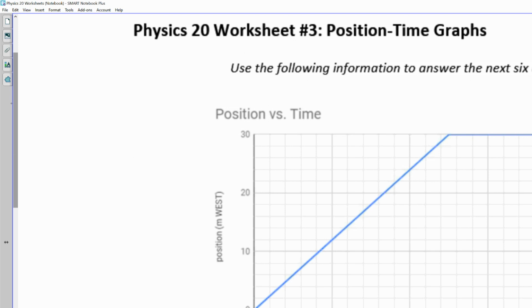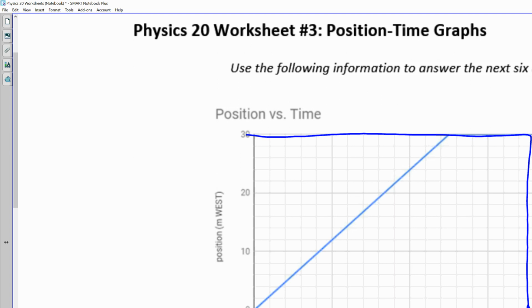Ooh, this is a little tricky though. Our intervals are kind of wacky here, right? 6.4, 6.8, 7.2, 7.6. 7 seconds would be right there. If we go up and over, the position is 30 meters.